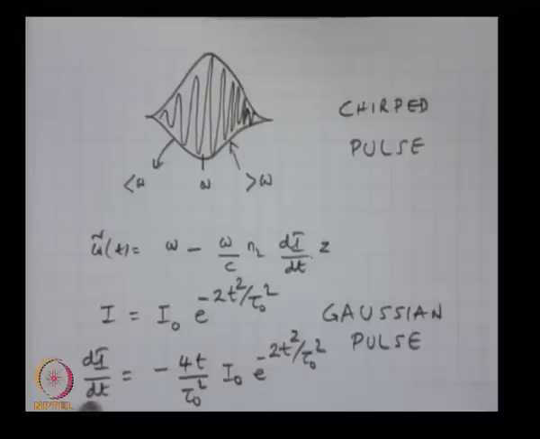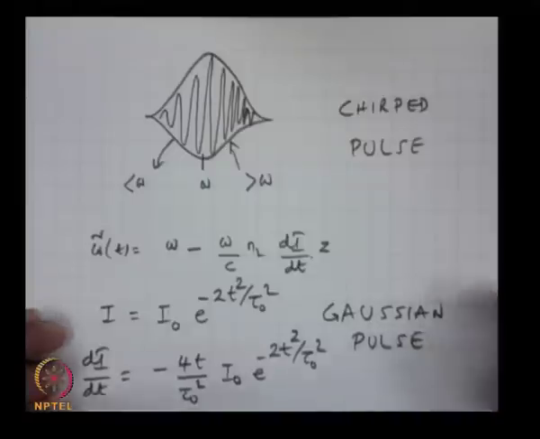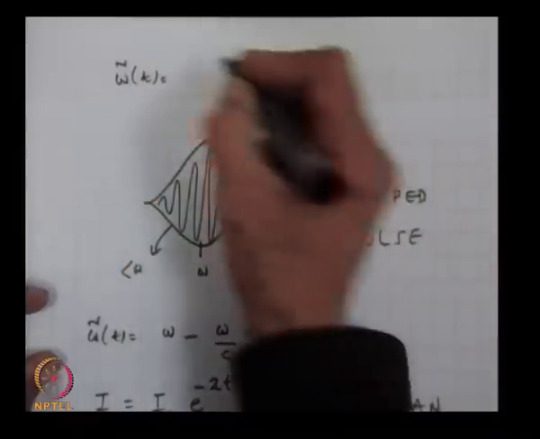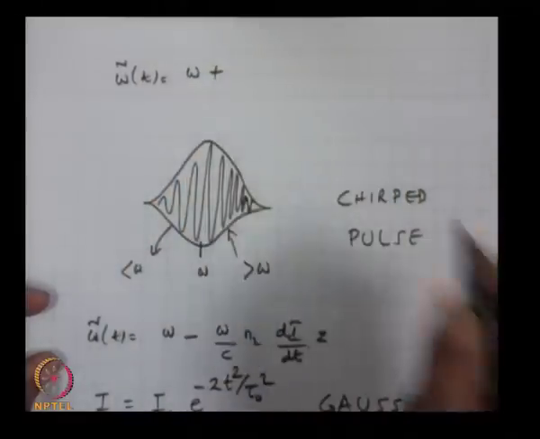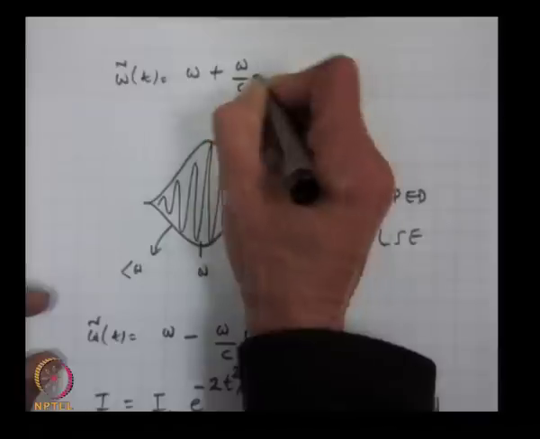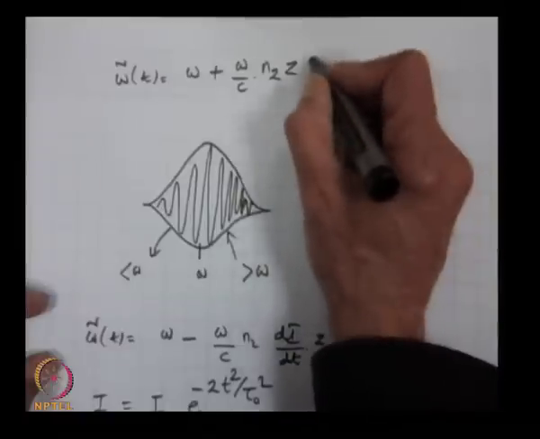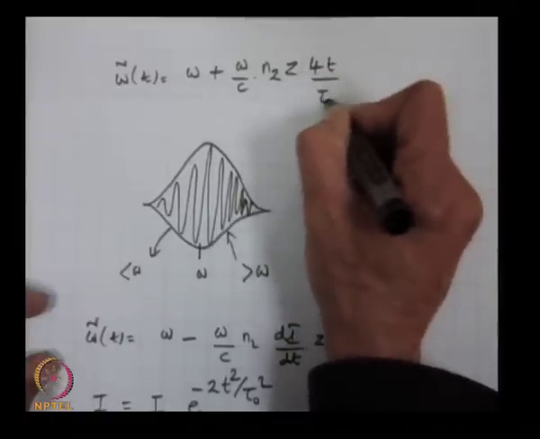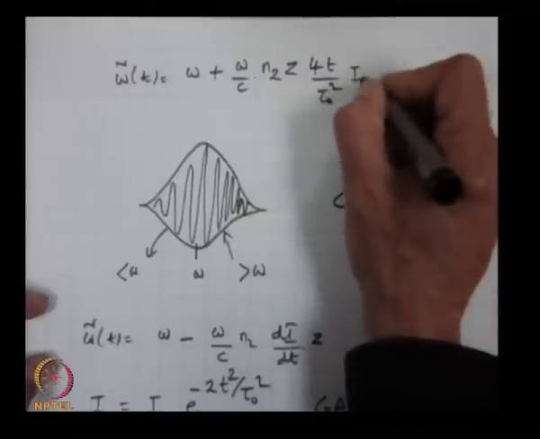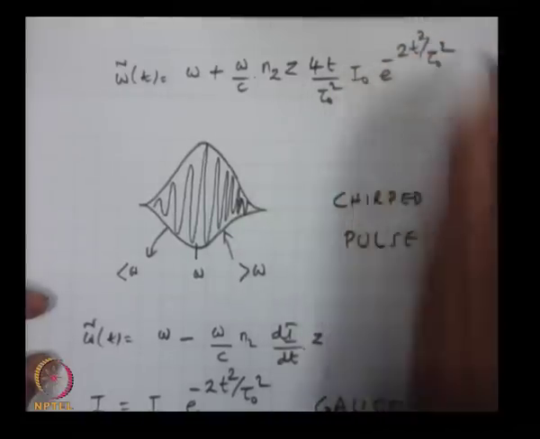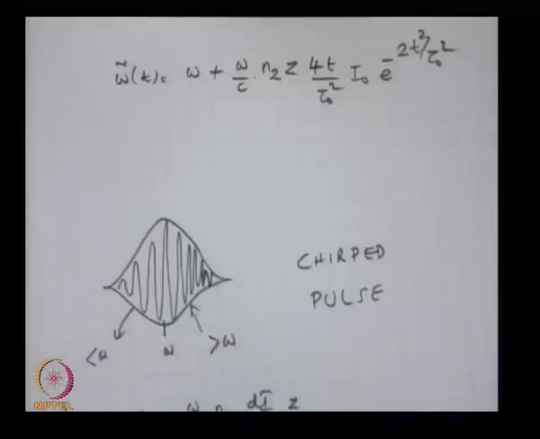So I can substitute dI by dt into this equation and find out the instantaneous frequency as omega tilde of t is equal to omega plus omega by c n2 z into 4t by tau naught square I naught exponential minus 2t square by tau naught square.